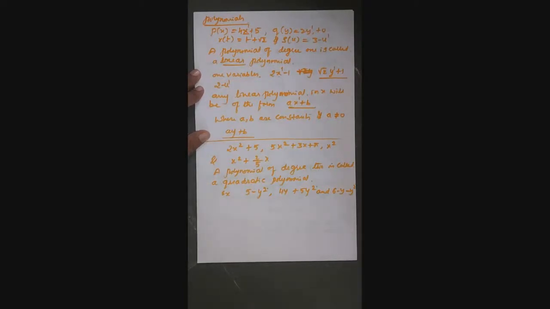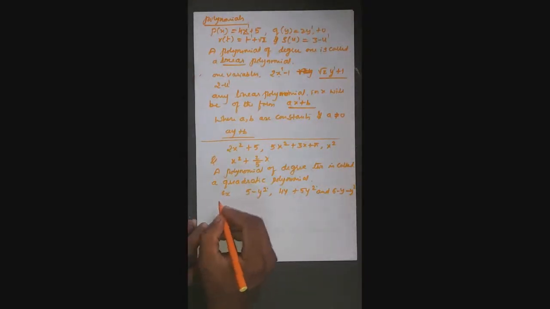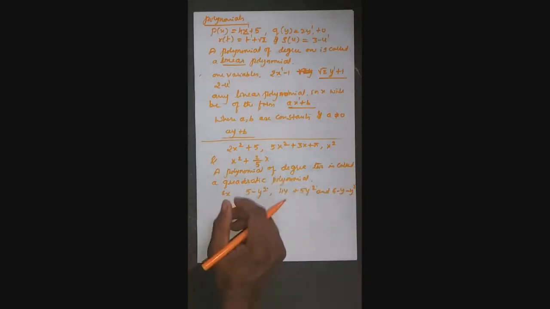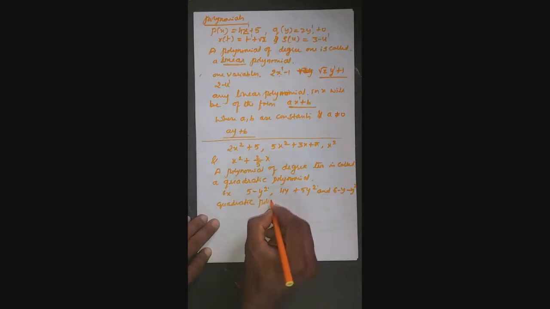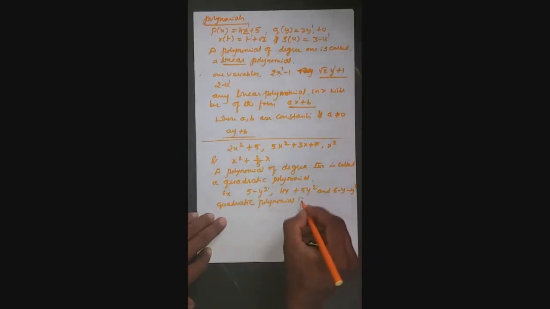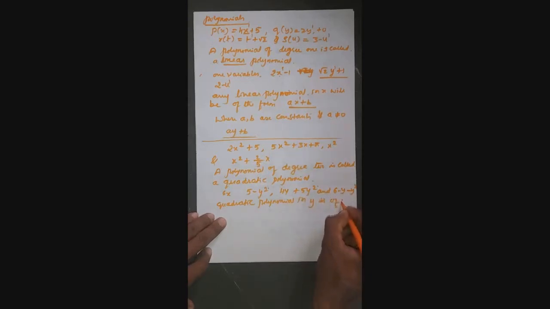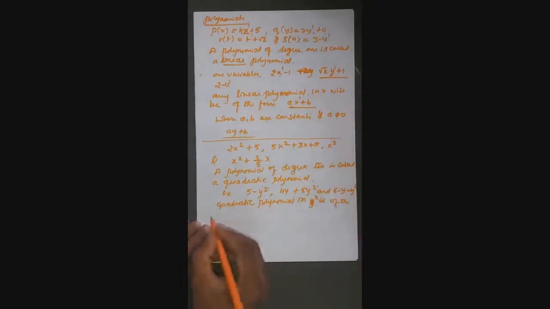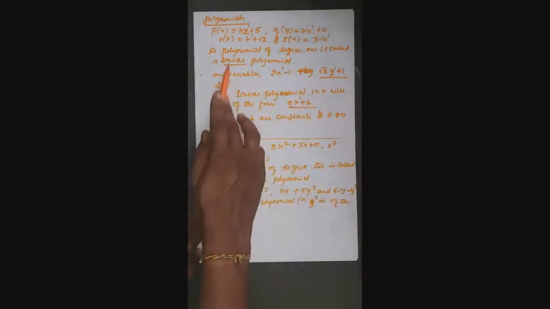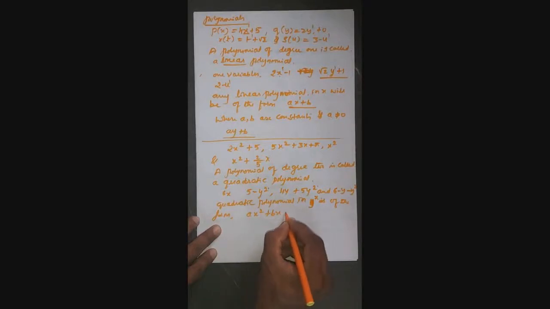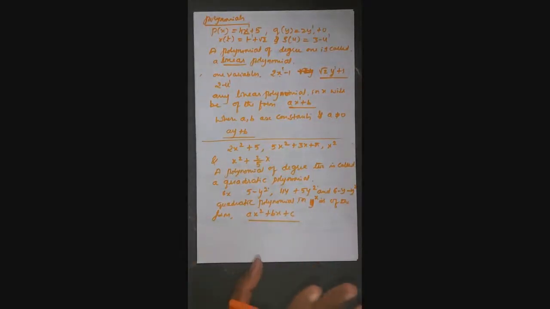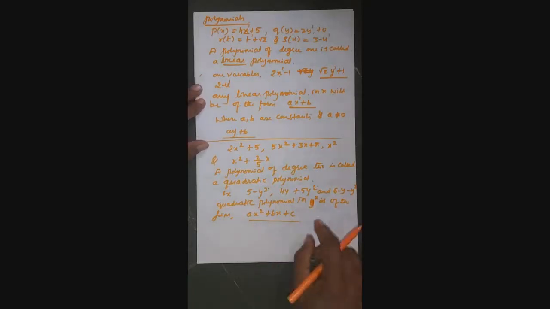You will find that any quadratic polynomial in x is of the form, see, in a linear polynomial it is ax plus b, now in a quadratic polynomial it is ax square plus bx plus c, where a, b and c are constants, and a is not equal to 0.